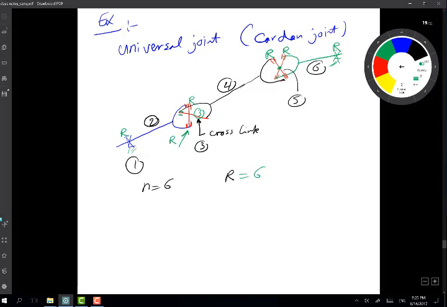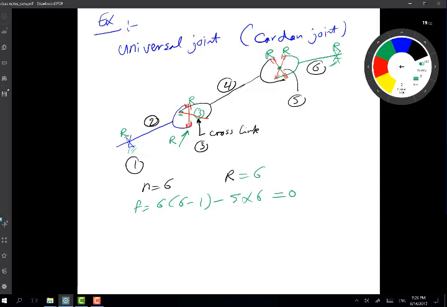So when you calculate F is equal to 6 times 6 minus 1 minus 5 times 6, you get 0. Which means in terms of degrees of freedom that this linkage is not going to function, not going to rotate, unless all those shafts are perfectly aligned together.